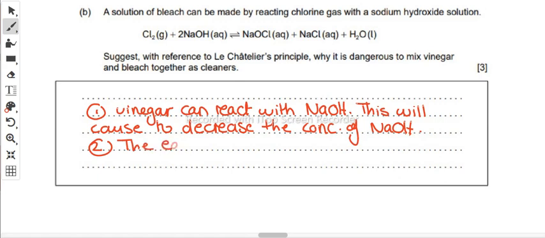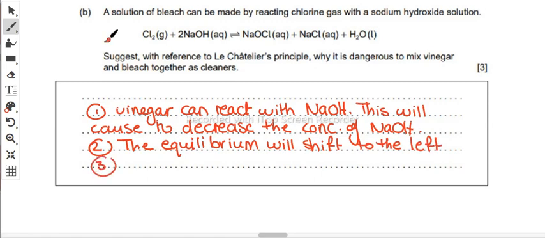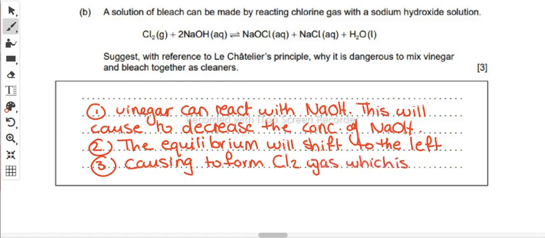The equilibrium will shift to the left, and this will cause the formation of chlorine, Cl2 gas, which is toxic.